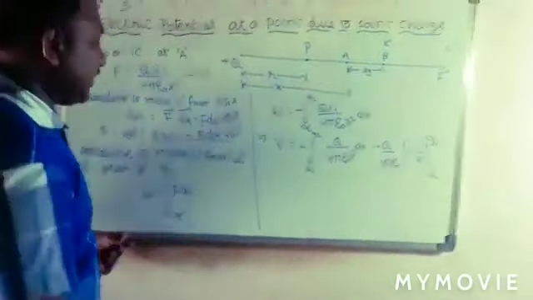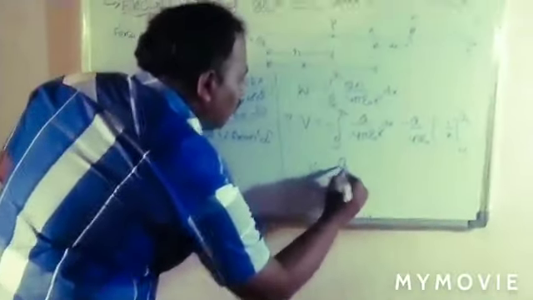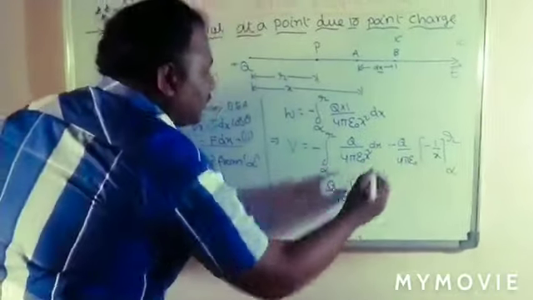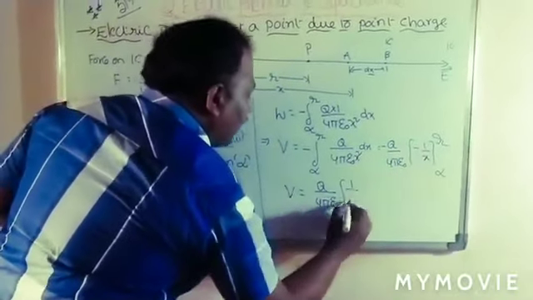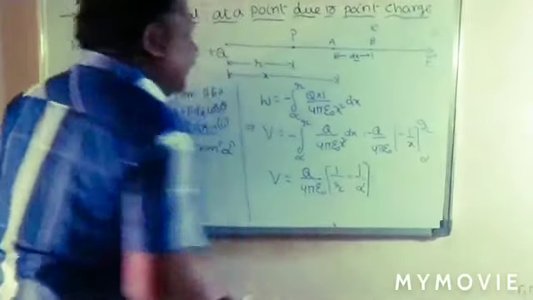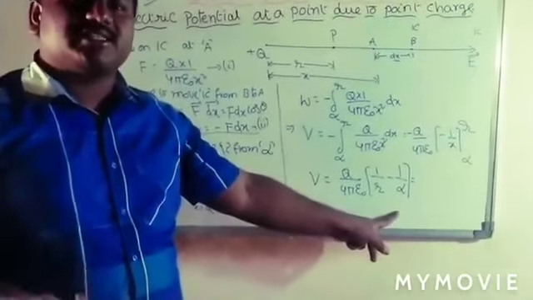Minus into minus is plus, so the potential is equal to Q by 4 pi epsilon naught into, substitute the limits. What is the higher limit? R, minus the lower limit infinity, where 1 by infinity is nothing but 0. Anything by infinity is 0.